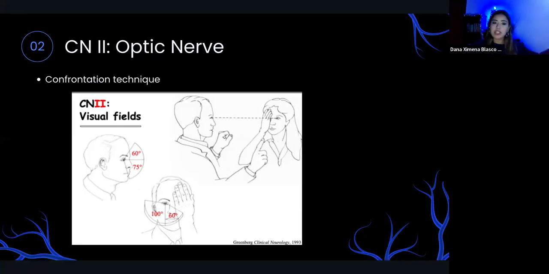So with this confrontation technique, I can see from here and I can see from here. For example, from here, I can see at 60 degrees, and 100 degrees as well. That's normal, but some visual defects cannot do this properly. So that's the confrontation technique.